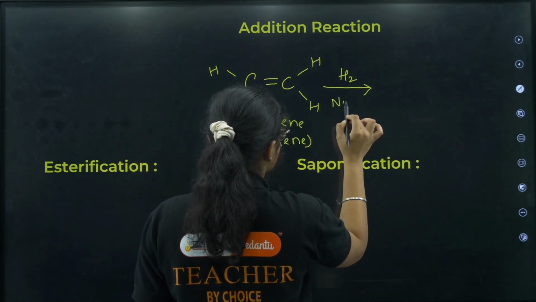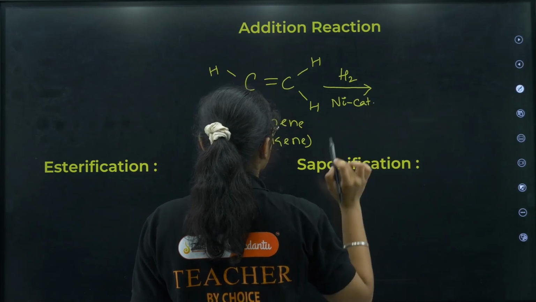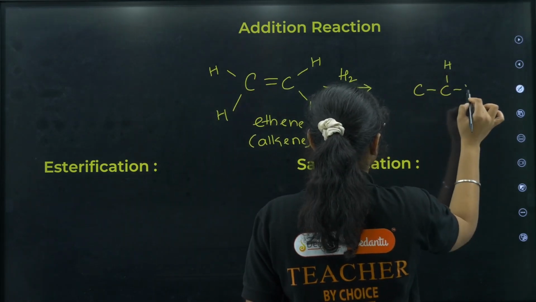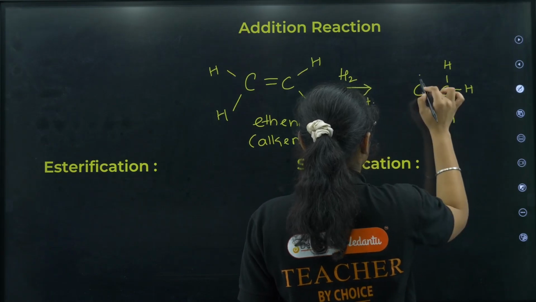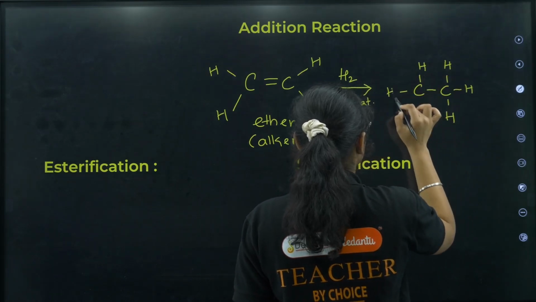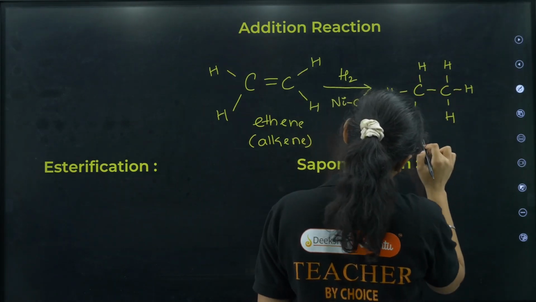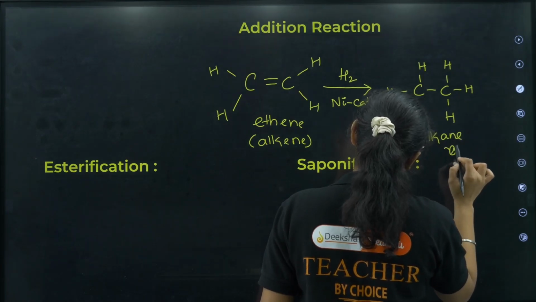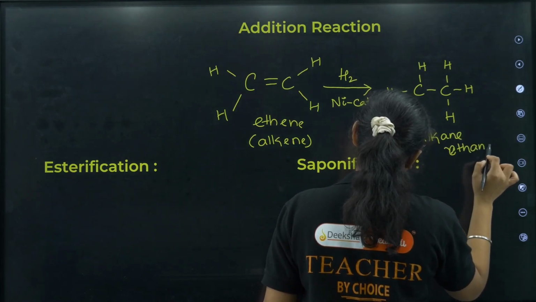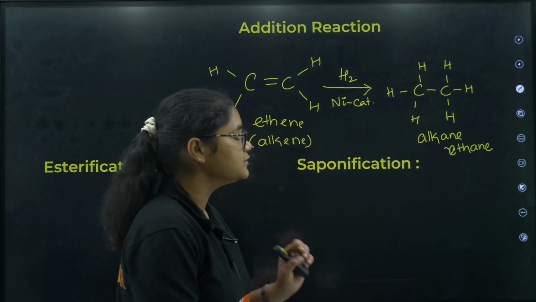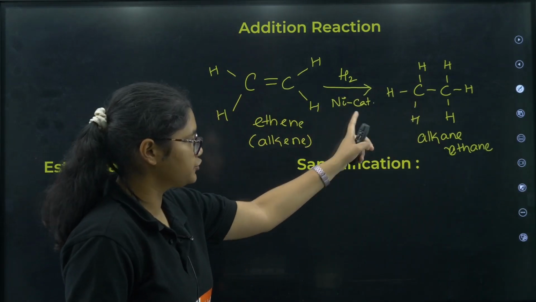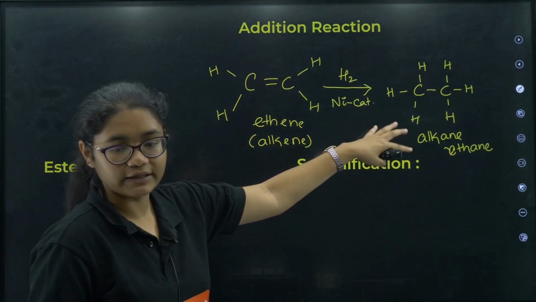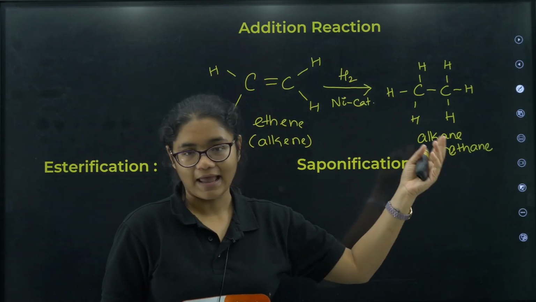H2 in presence of nickel catalyst will give you CH3 CH3, and this is your alkane, or we can call it ethane. Now this reaction you should remember. What is happening in this reaction is that ethene gets converted to ethane, or alkene gets converted to alkane.